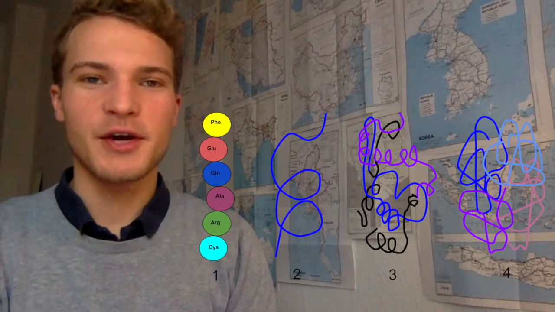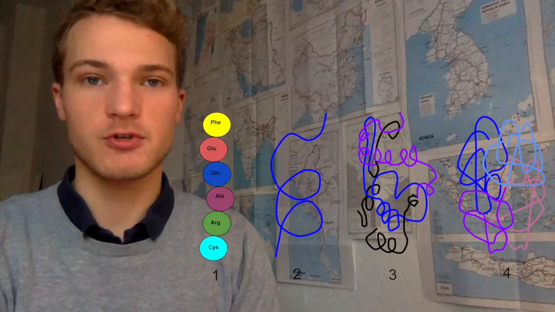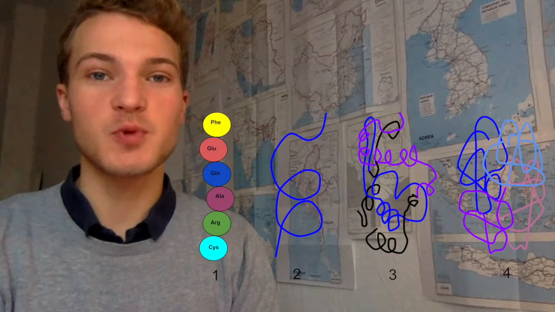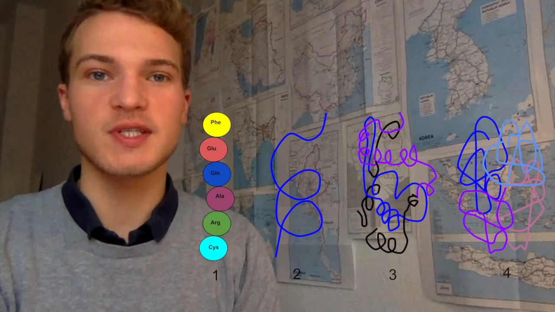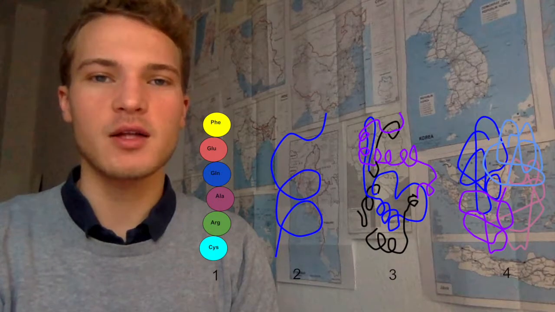And we get a very complex 3D structure when we get to the tertiary structure, which then includes interactions between our R groups or side chains of the amino acids. And there we have lots of different bondings.